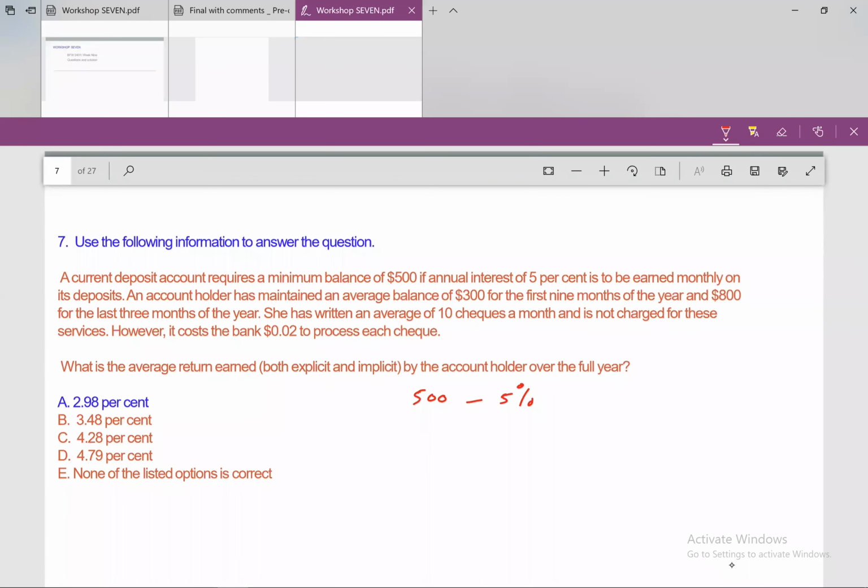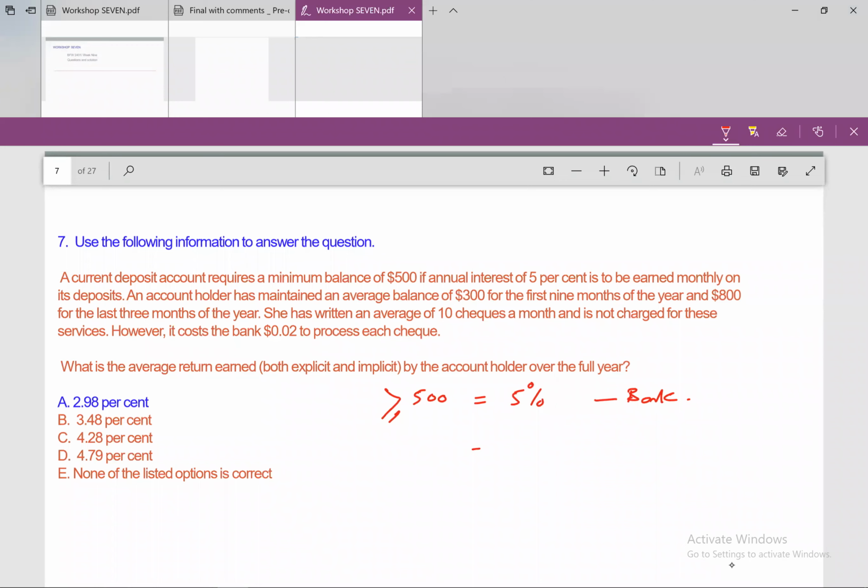Implicit interest rate has to take into consideration the fees they are charging you, and also the services they are providing to you free. The rules of the bank: they will give you 5% interest if your balance is $500 and above. So over or equal to 500, they will give you 5%.